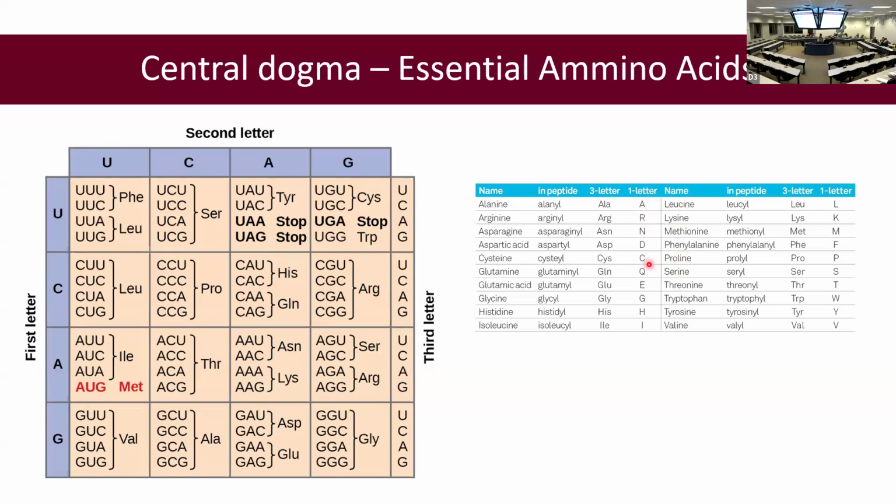So since we have 20 essential amino acids, we can create any type of message coming out of the DNA and code them into those specific amino acids.